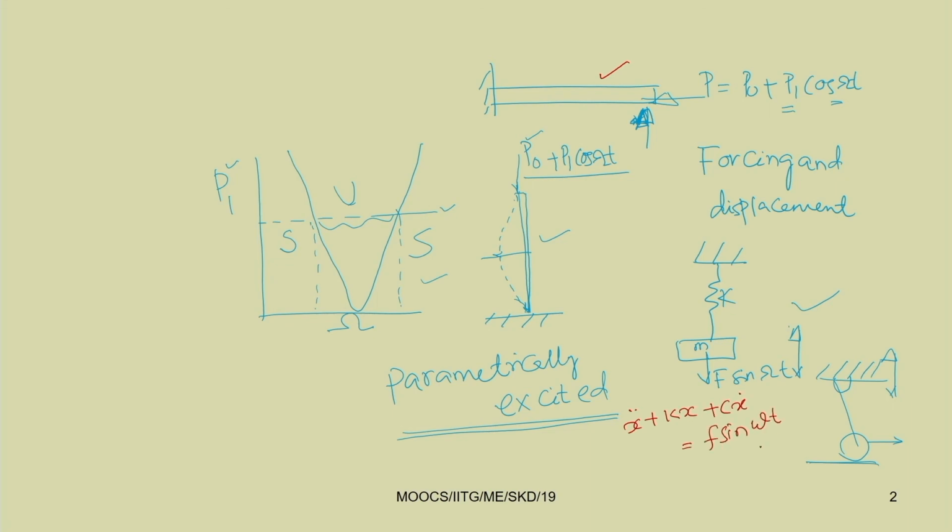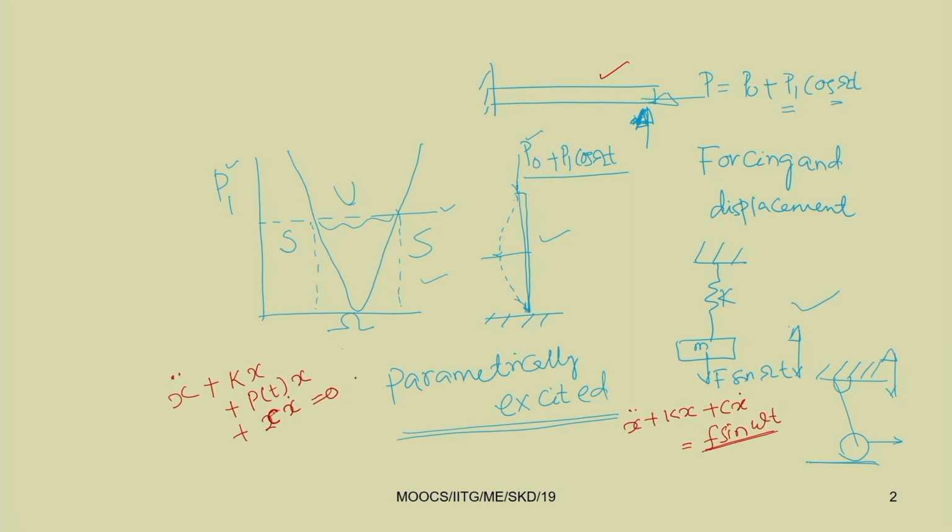This forcing part is represented on the right hand side of the equation. In the case of the parametrically excited system, the equation can be written in this form: x double dot plus k x plus c x dot equal to p t into x, that is, x double dot plus c x dot plus k x minus p t x equal to 0, where c x dot is the damping term.